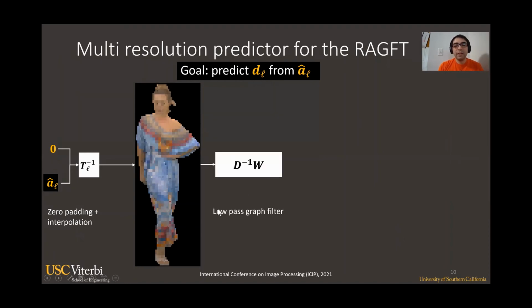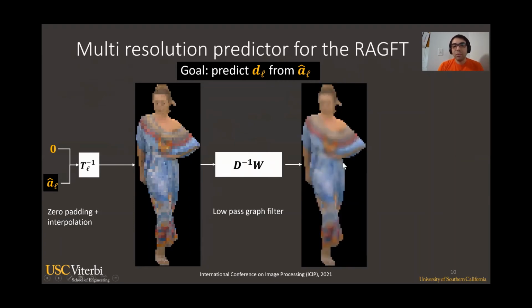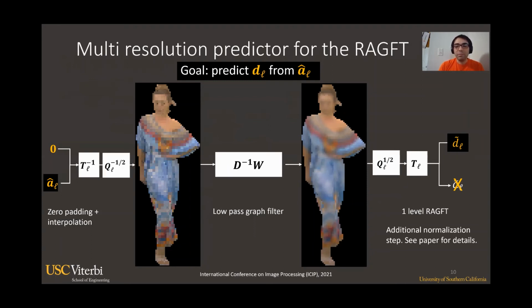This signal is then low passed using a graph filter, resulting in a smoothed signal. Then we apply one level RAGFT, which produces an approximation of the detailed coefficients. This d tilde is used as our predictor. Note that in practice, we need to add this additional normalization step. You can see the paper for details.